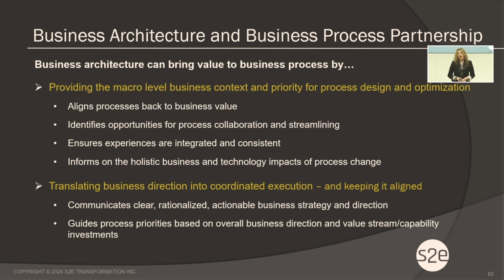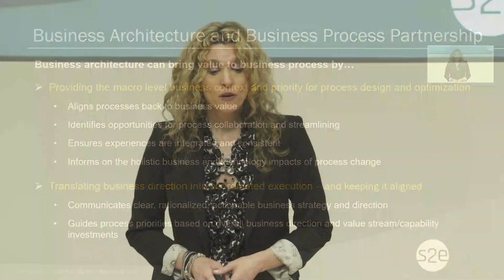It can also identify opportunities for collaboration and streamlining across processes, ensuring experiences are integrated and consistent. And we can also inform on the holistic impacts of making changes to process to the overall business and technology environment. And from a translating business direction perspective, business architecture, again, helps us to connect back to the bigger picture of what the organization is trying to do and what the priorities are right now, which is very helpful to inform process and investments in IT.